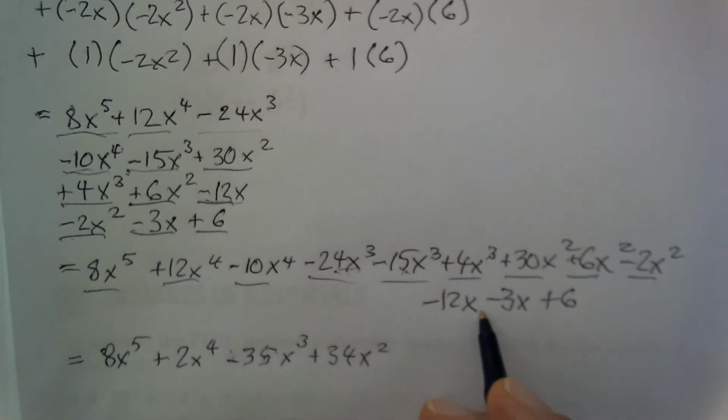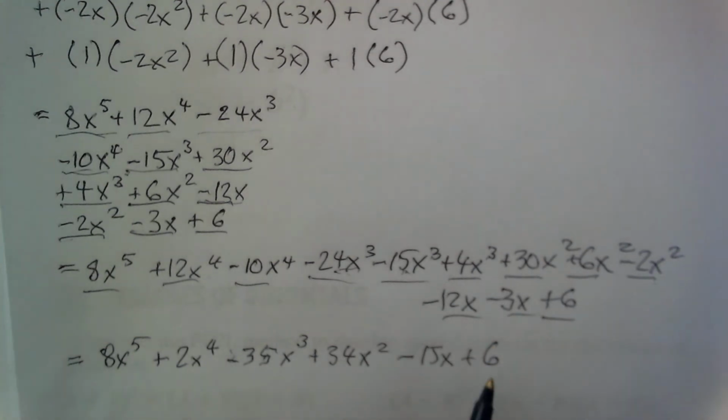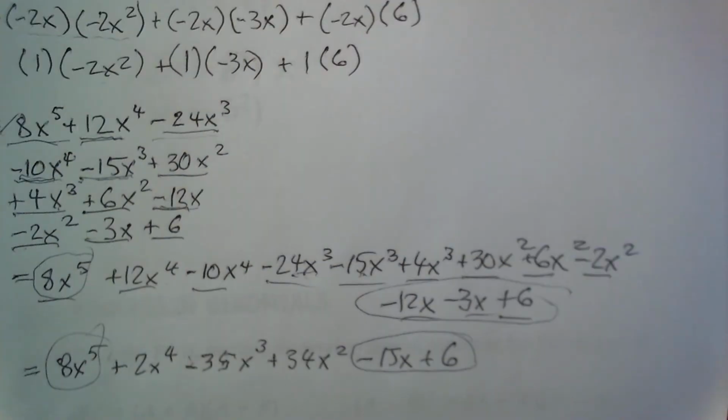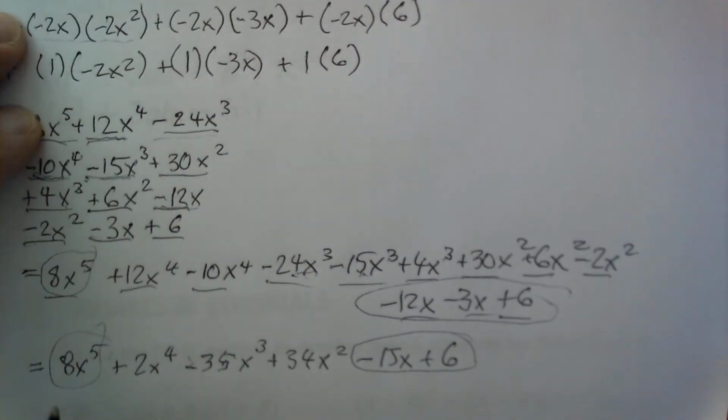And minus 12x minus 3x would be minus 15x, and then there's our constant term 6. So our final answer is then 8x to the fifth plus 2x to the fourth minus 35x to the third plus 34x squared minus 15x plus 6.